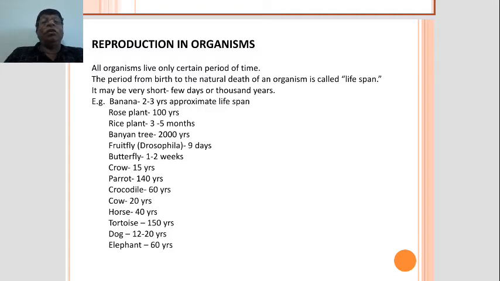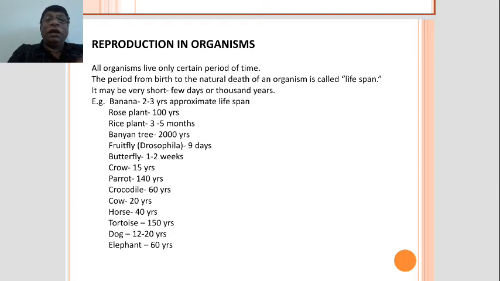Then a cow which lives 20 years, and a horse that lives 40 years. A crocodile which lives 60 years. And a dog that lives 12 to 20 years. What about the elephant? The elephant lives 60 years.